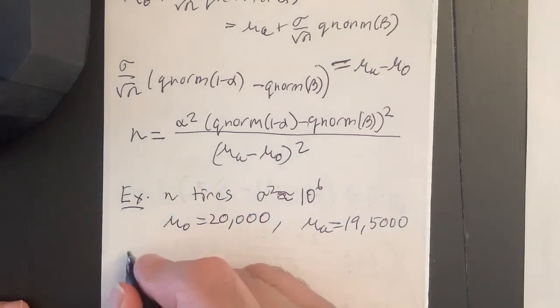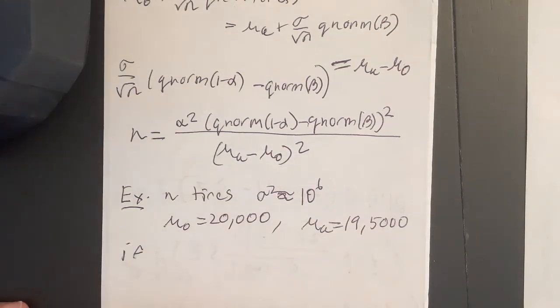Suppose before we only asked for like a 0.05 alpha, and we didn't specify beta. So if we want, now we can specify what we want. We just have to make n high enough.